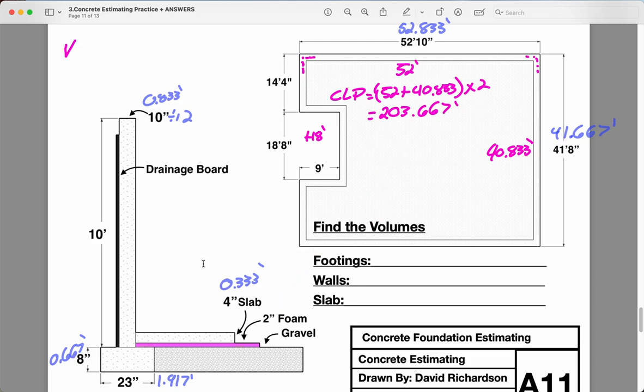So for the footing volume, we're going to go 203.667 times 1.917 times 0.667 feet.